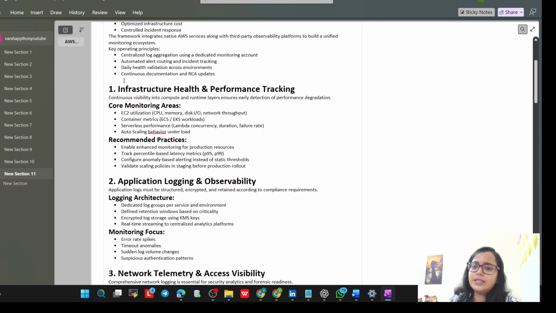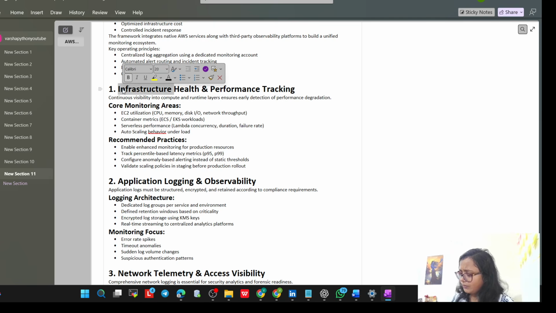Next, what do you understand by infrastructure health and performance tracking? When it comes to infrastructure health and performance tracking, many things come into the picture. Technically, it is continuous visibility into compute and runtime layers, which ensures early detection of performance degradation.